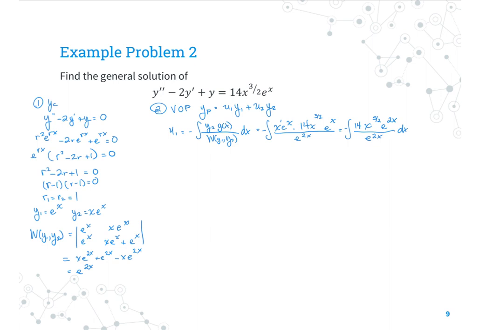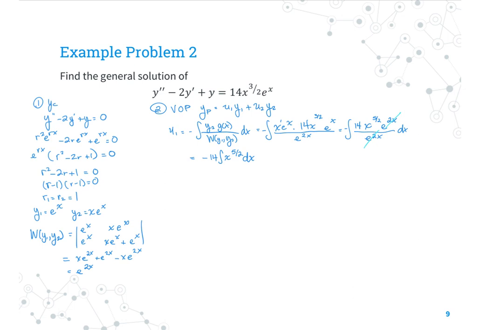Well, our e to the 2x's cancel, so we're really left with u1 being negative 14 times the integral of x to the 5 halves dx. Because like I said, the e to the 2x's cancel out.